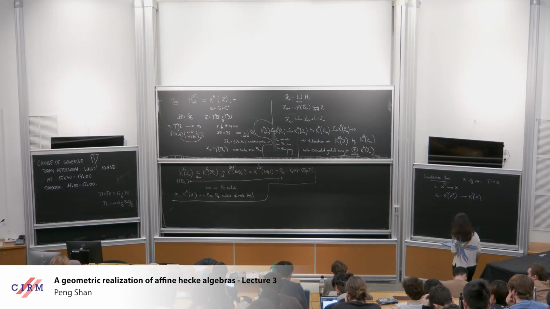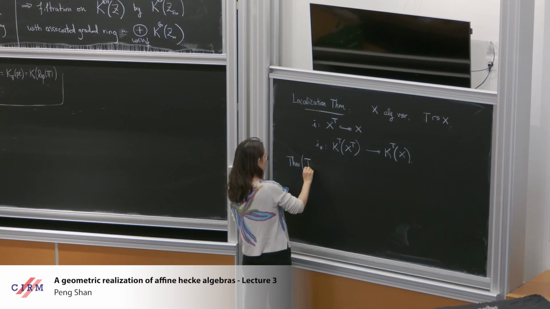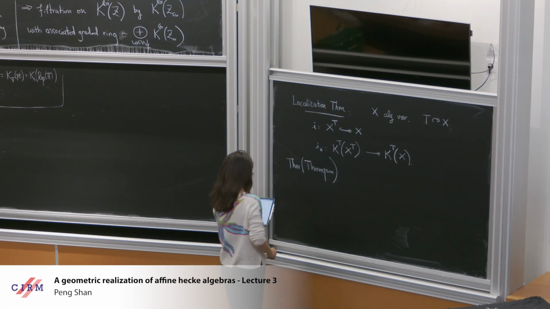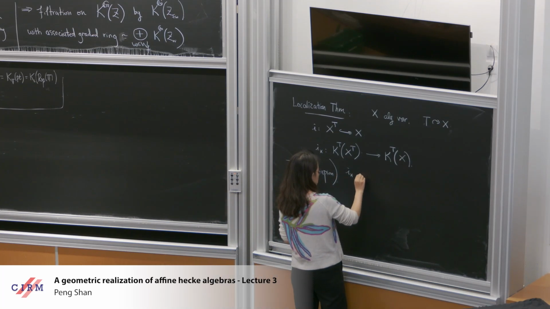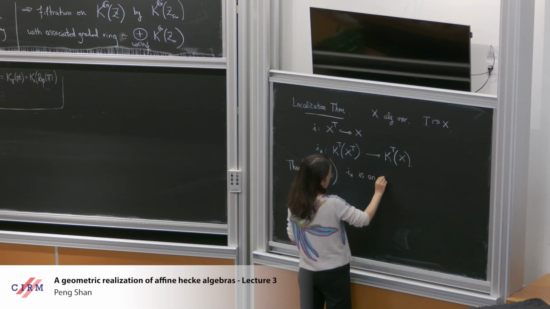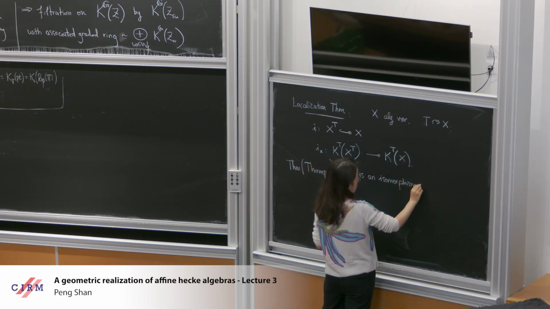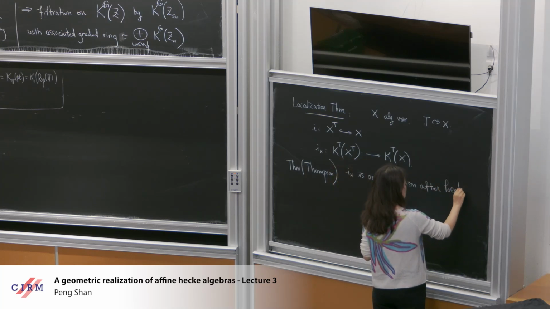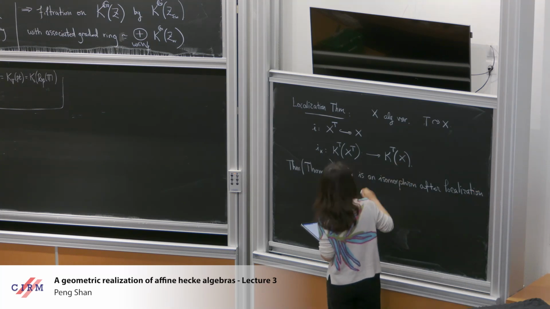So I was talking about the localization theorem, the theorem of Thomason, which says that this map is an isomorphism after localization. What does localization mean here?